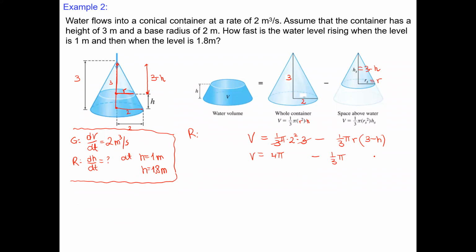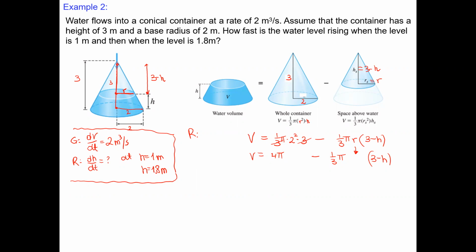And now we're perfectly fine to keep this, but we're not really fine to have r. Since we're looking for dh/dt, we would like to relate only volume and only h. That's the only variable that we would like to see. I mean, we have to find the relation for the radius with respect to h. We will use similar triangles.